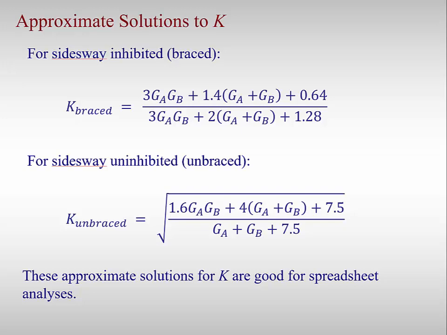However, it would probably be quicker to use the alignment charts when performing hand calculations. The K formulas are well suited for spreadsheet analysis, however. Note that it would be nearly impossible to program the alignment charts. These formulas would also be good for MathCAD.